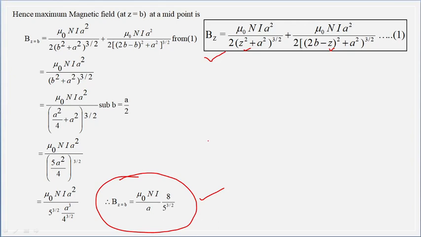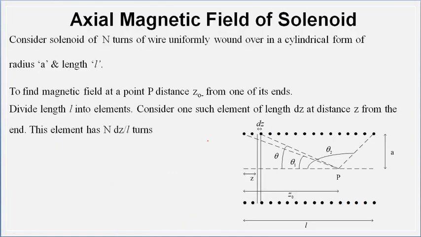This is what you have done in the practical. Under the condition that the distance between the two coils is equal to the radius, we have shown with the help of the graph that it is a maximum at the midpoint, the highest value. So a sort of peak was obtained at the center. This is what is called a Helmholtz coil.